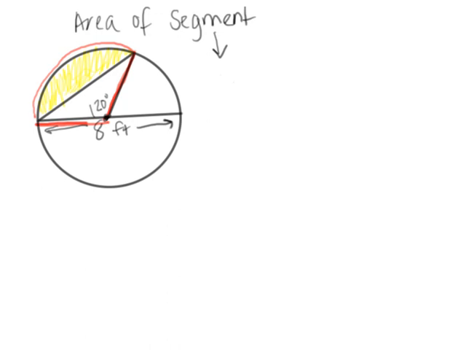All right, so it's the sector, and you'll need to subtract or get rid of this white space. And what is that white space? Like, what could you call it? Well, the white space there is the shape of a triangle. So minus the triangle. Okay, so the area of this segment is this sector minus the triangle.